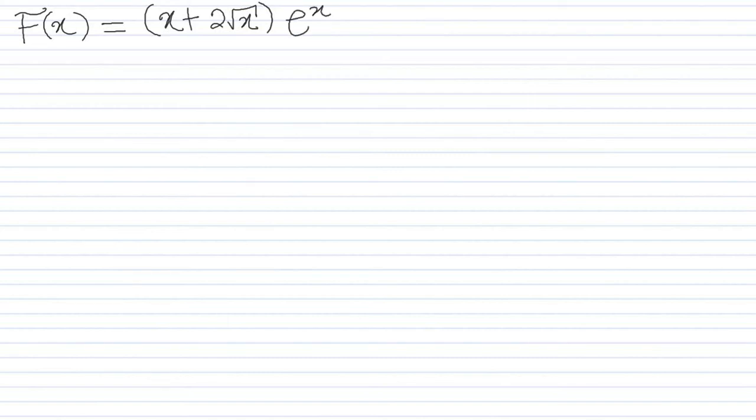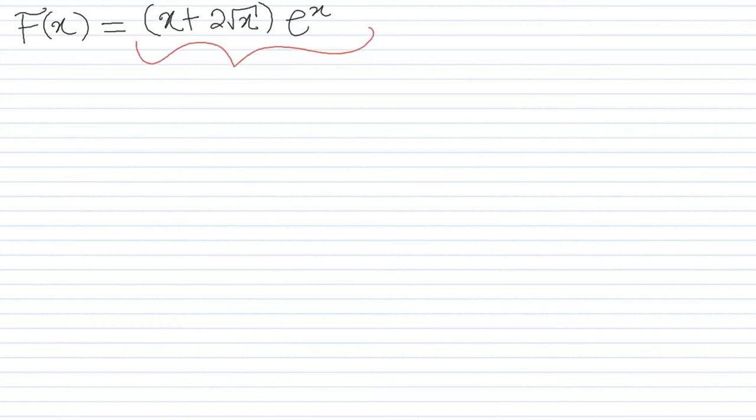Now, the first thing you have to observe whenever you're dealing with product rule is this. Since you know that you're supposed to differentiate this, in calculus, whenever you're given a function, this entire thing is a function.